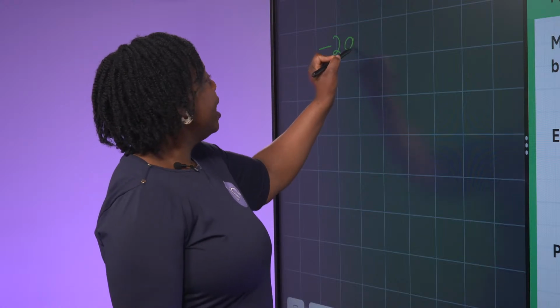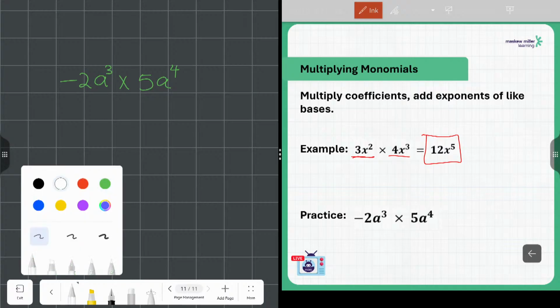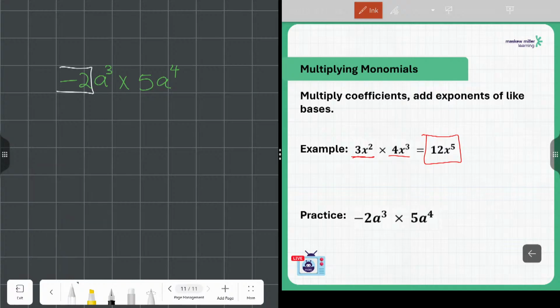Okay, so we have the negative 2a cubed, which we are multiplying with 5a to the exponent 4. As I've indicated, you need to first multiply the numbers together.